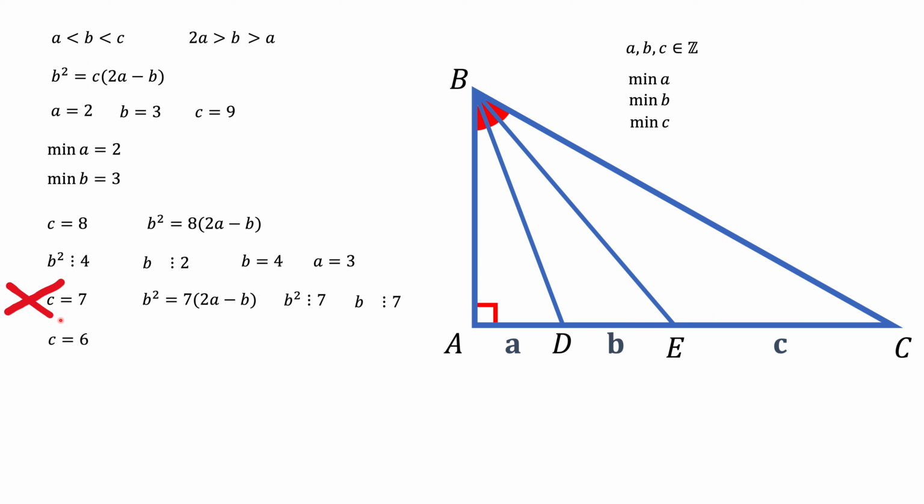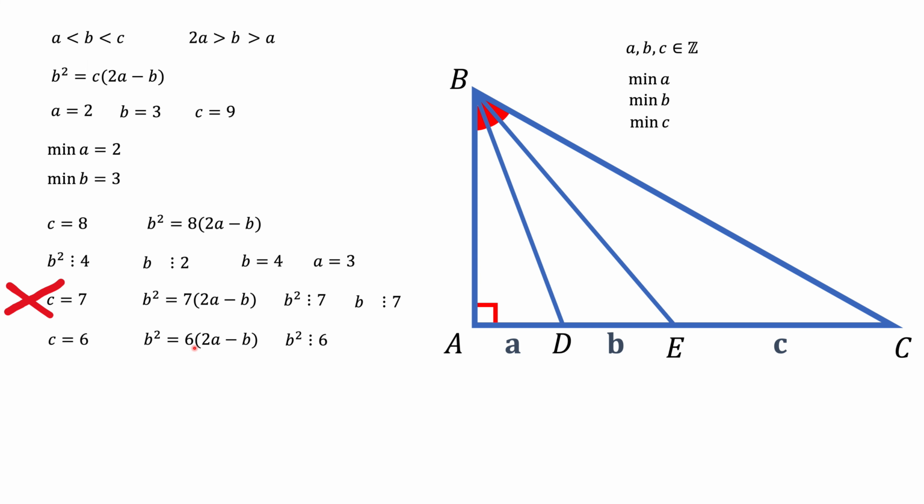Next thing, let's look at c equals 6. In this case, we're going to get this expression for a and b. We see that b squared is divisible by 6. 6 is not prime. It could be split into 2 and 3, which are prime, which means that b squared is divisible by 2 and by 3.